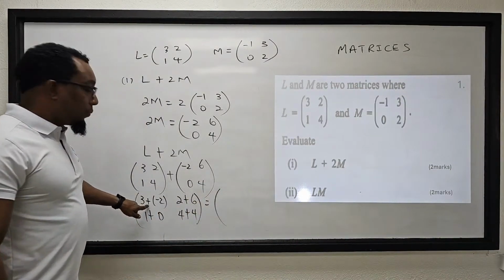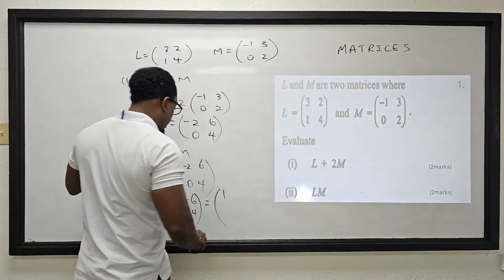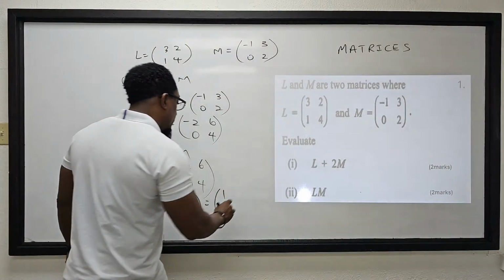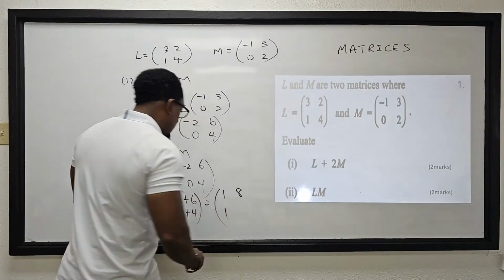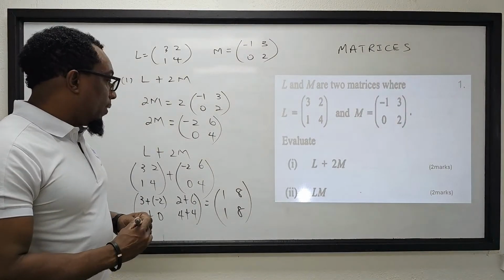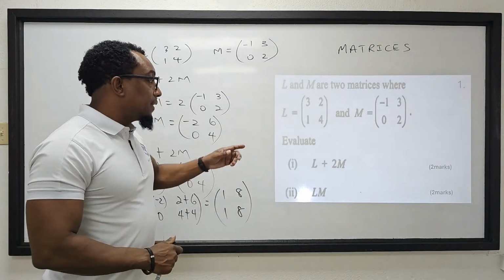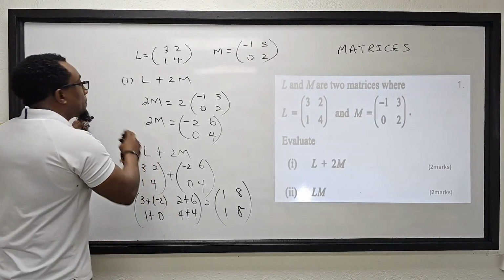A plus by a minus is a minus, so 3 minus 2 is 1. 2 plus 6 will be 8. 1 plus 0 will be 1. 4 plus 4 is 8. So the answer here is 1, 8, 1, 8. That's L plus 2M. So that's part 1.